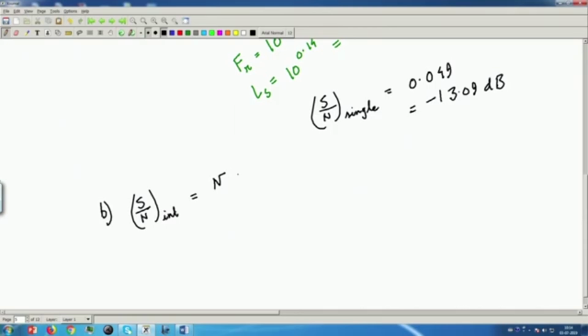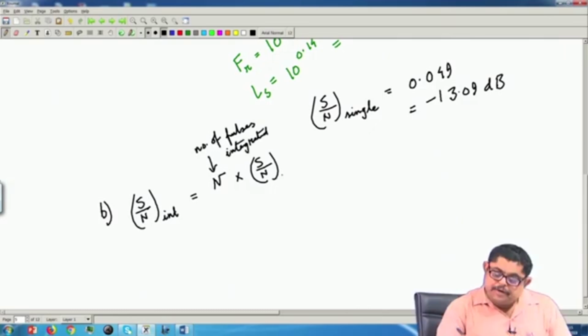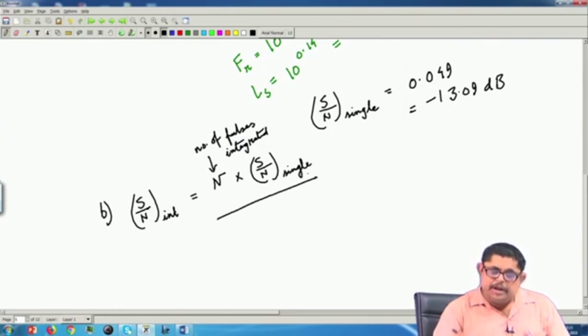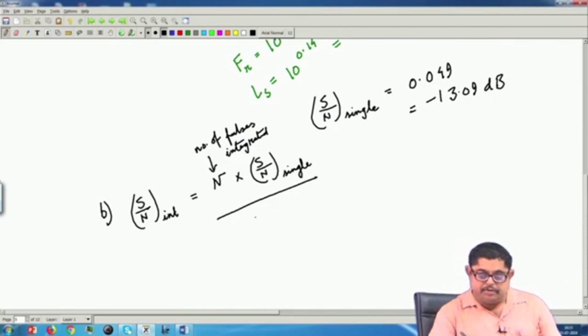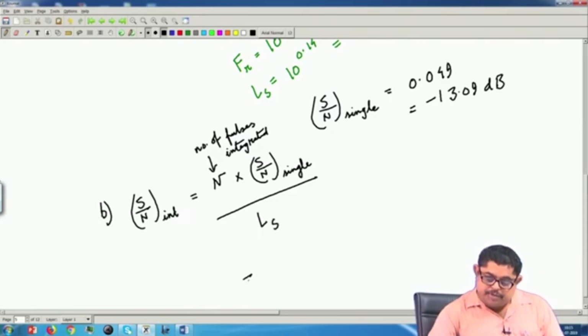So, you will have to take that, but I can say this is the number of pulses integrated times S by N single. If there was no loss, this is okay, but now there will be loss. So, we will have to take that L_s in absolute value.